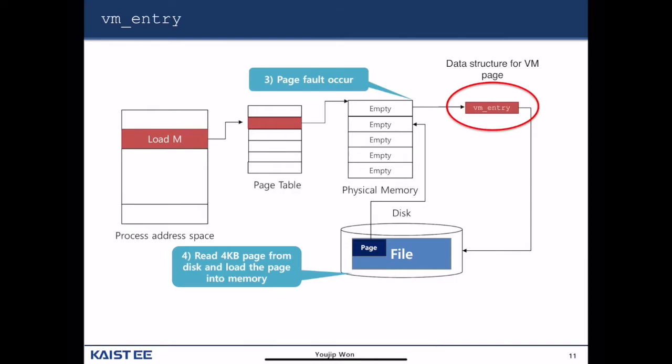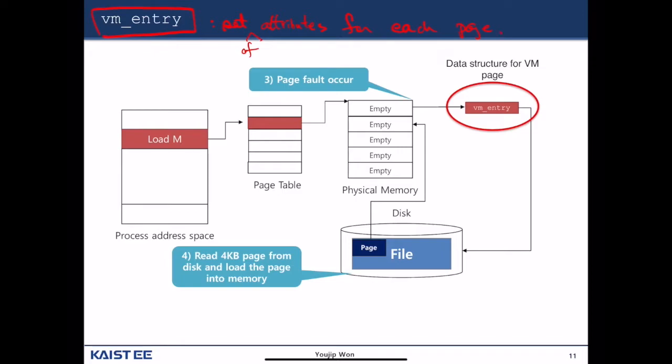Let's define a data structure called the VM entry. This is a set of attributes that represents the information mentioned in the previous slide. It's defined for each page.